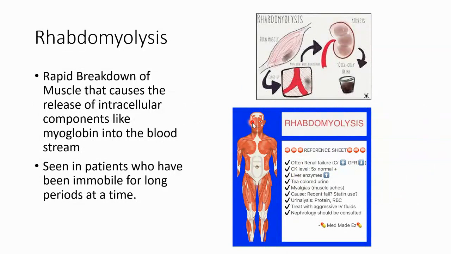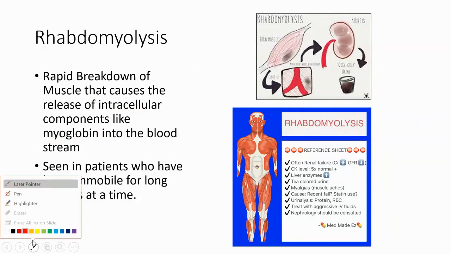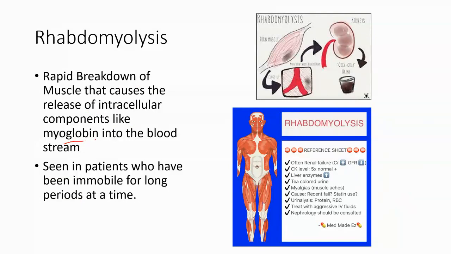And the last thing I want to talk about here is rhabdomyolysis. Rhabdomyolysis is a breakdown of muscle that causes a release of intracellular components like myoglobin. Myoglobin, it's important to know.